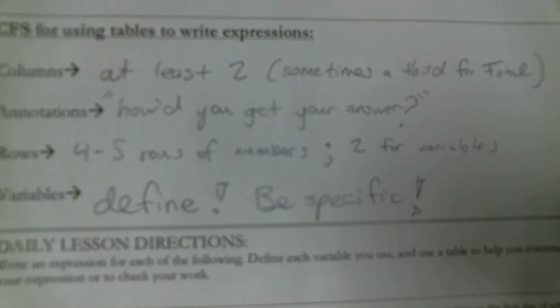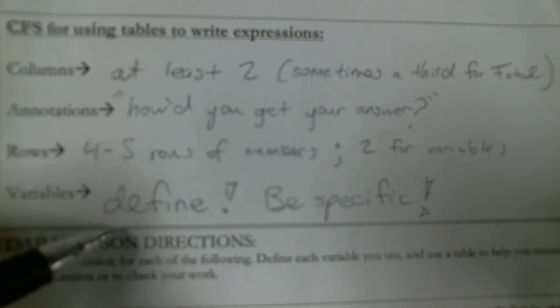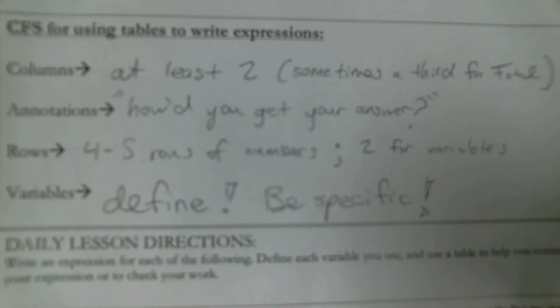So those are must-haves. How did you get your answer? Well, in our situation, we added 4.5. And then for your rows, we should have 4 to 5 rows of numbers and at least 2 for variables. So we can see that we did that here at the end. We've got 4 rows, and then we have 2 rows down here for our variables.